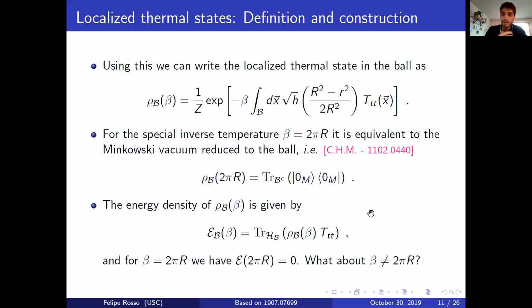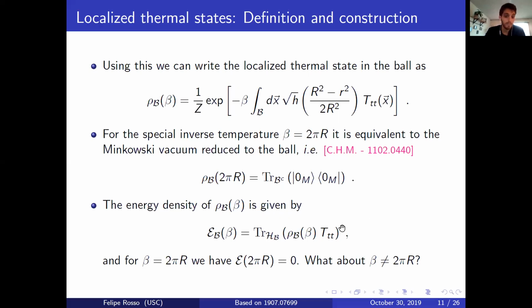I have given you a definition of a localized thermal state as a state that is defined just in a given spacetime region. The state is thermal with respect to the modular flow, this generalized flow that in some cases is local and you can define in a very simple way, like in the case of the ball, where you have this structure. So far, I have considered a general d-dimensional CFT.